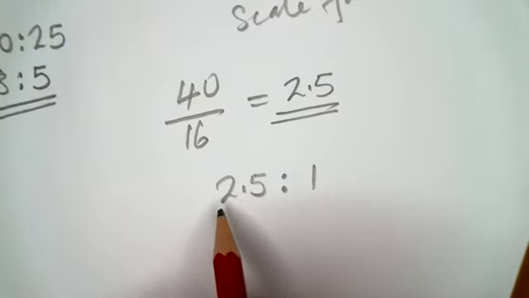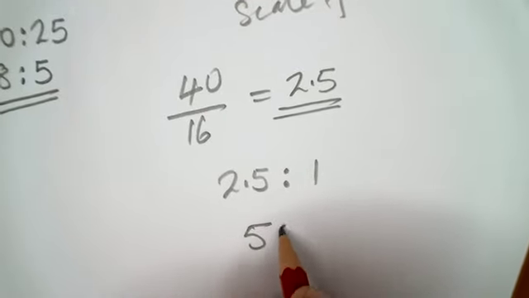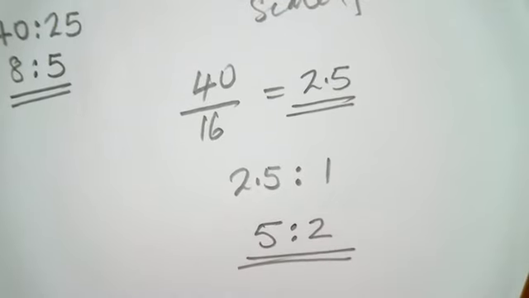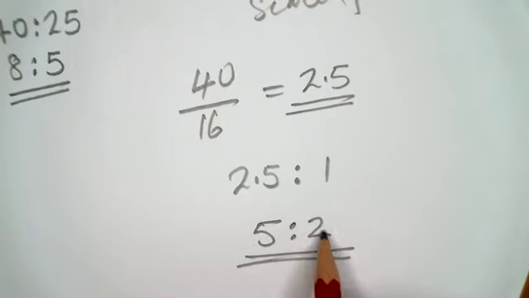So if I was to multiply this by 2, that would become 5. And I multiply this one by 2, and I would get 2. So we can say that the ratio of the larger one to the smaller one is a ratio of 5 to 2. And that would be the answer.